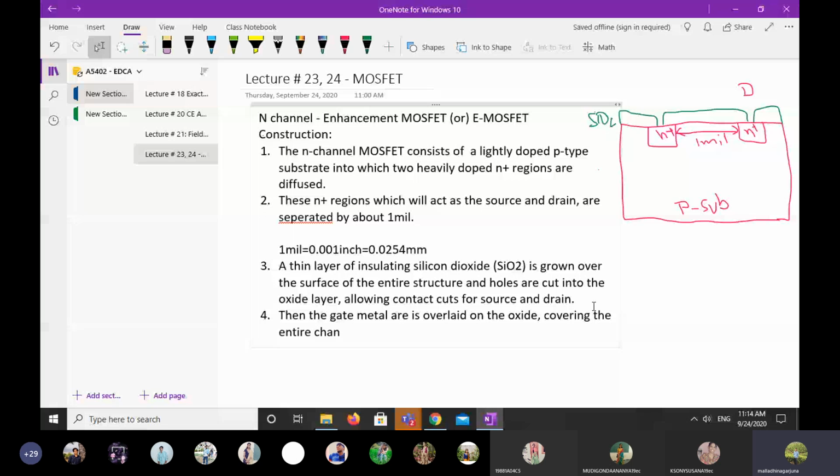So the gate metal area is overlaid on the oxide side, covering the entire channel region.